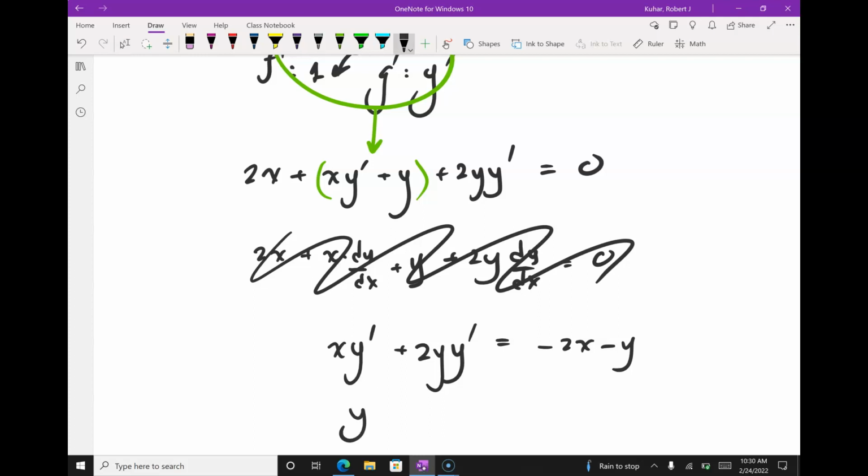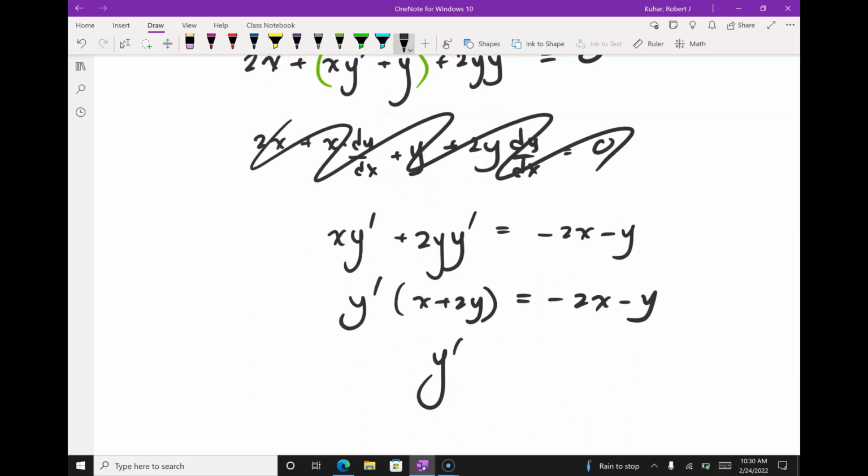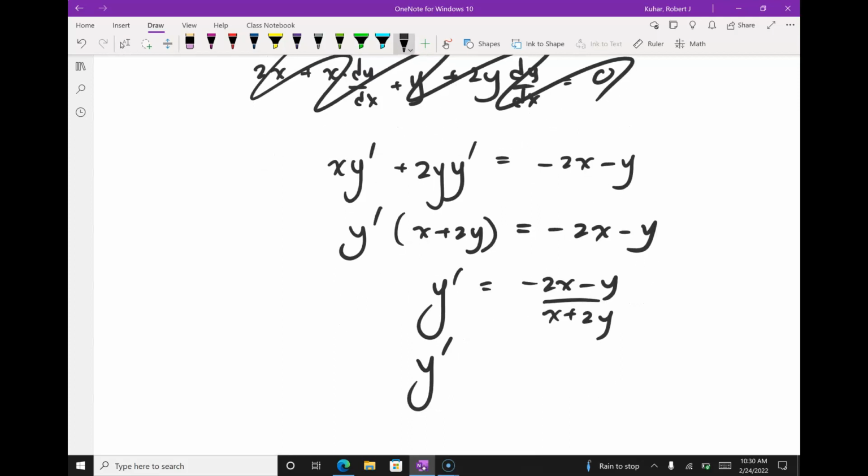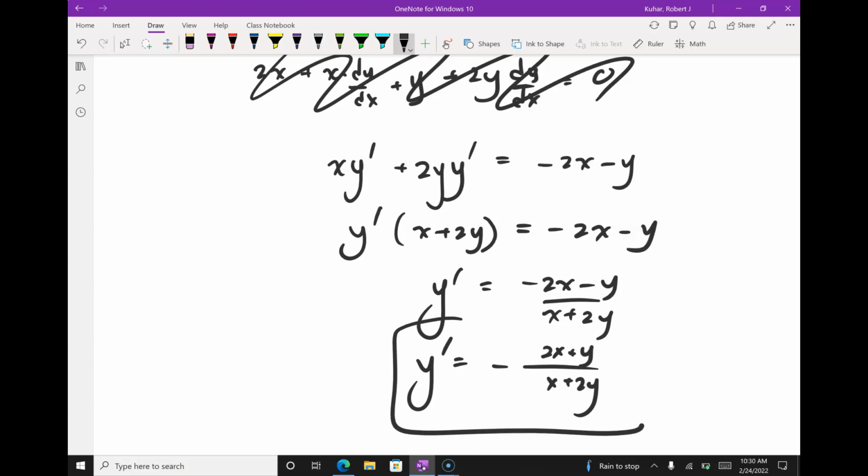Now I can factor out my y prime. And then divide to solve for y prime. I certainly can factor out a negative, right? And there's a nice version of my slope, of my derivative.